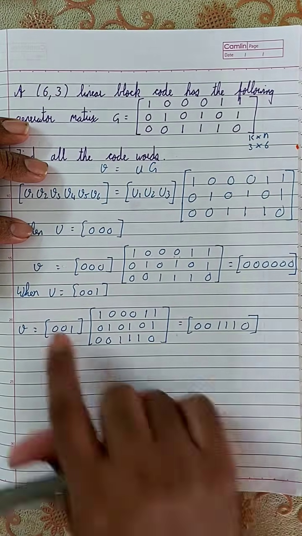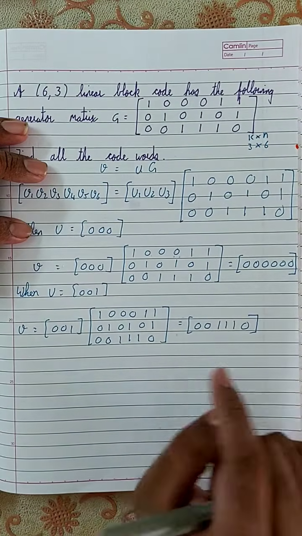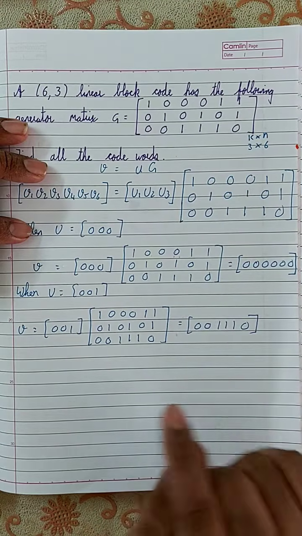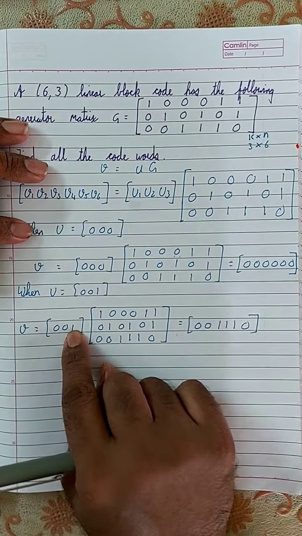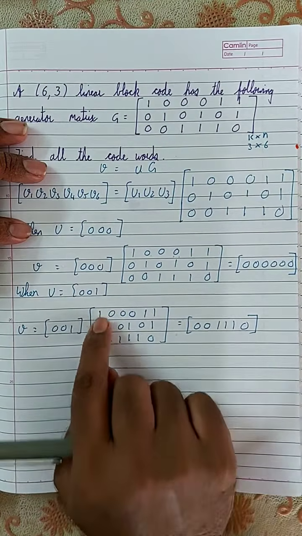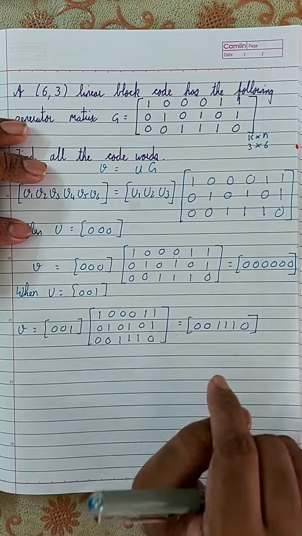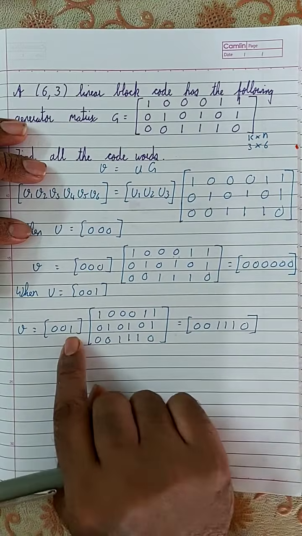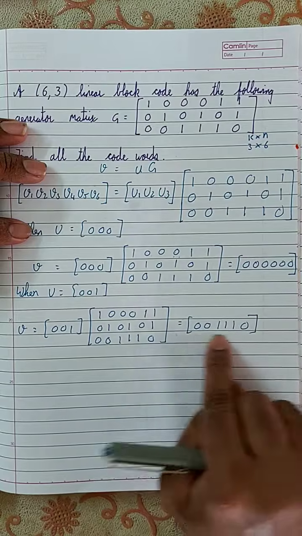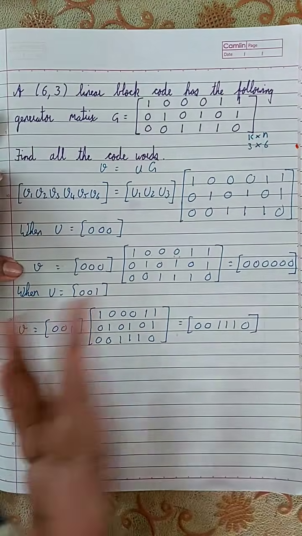You know that 0 into 0 is 0, 0 into 1 is 0, 1 into 0 is 0, and 1 into 1 is 1. So if you multiply this row with every column, the first two rows will be multiplied with 0, which will become 0, and only the third row will be multiplied with 1, so you get the final answer as the third row itself. That is how you got this answer. That's a trick. You can apply this trick anywhere.